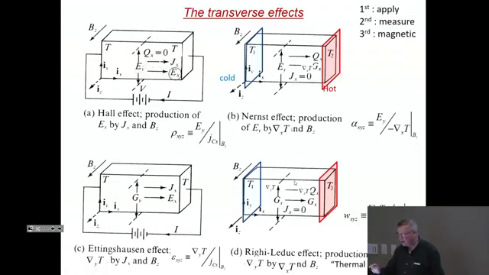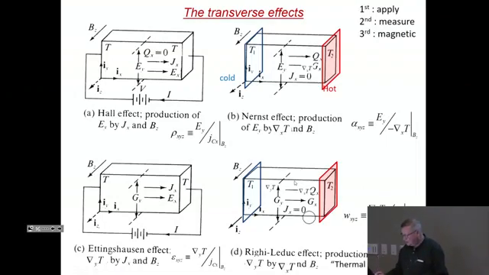You have Ex, the longitudinal electric field. That gives you the resistivity, of course. Now the Hall effect, you're going to apply B in this direction, Bz, and that means you're going to develop an electric field in the y direction. So rho xyz is Ey over Jx in the presence of Bz. Good.